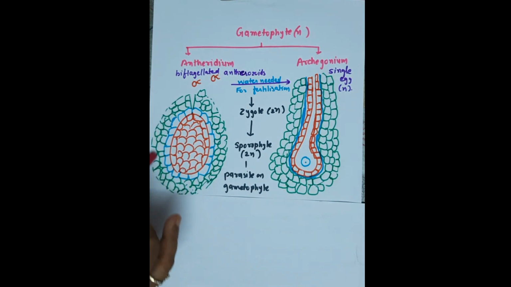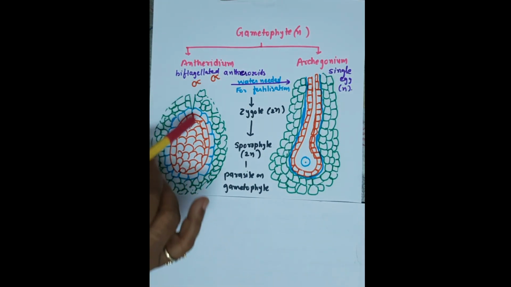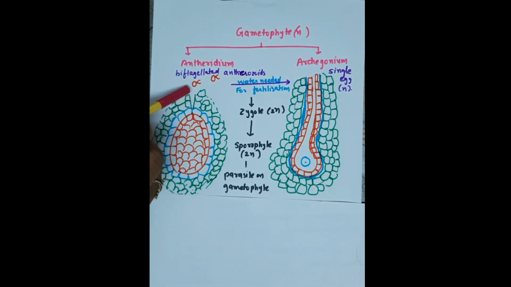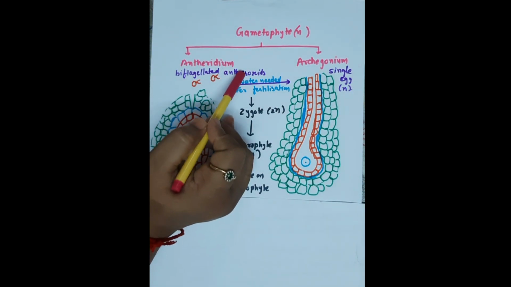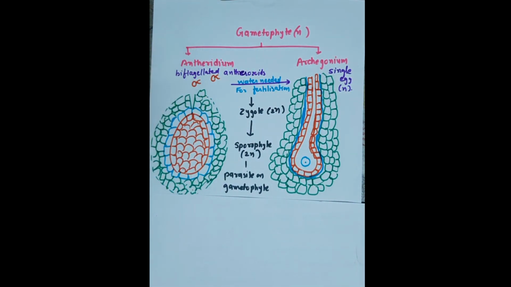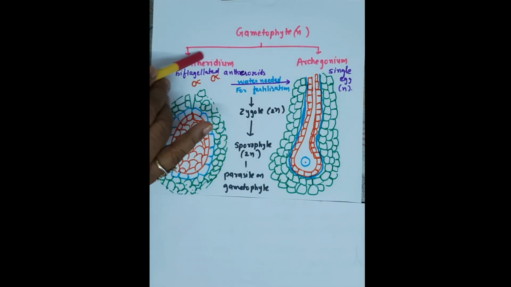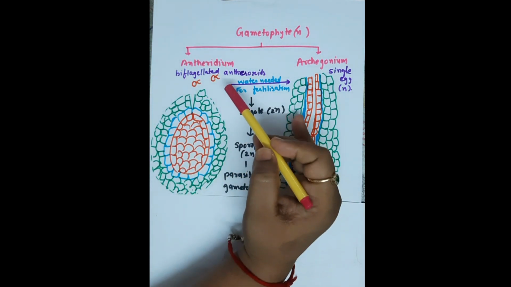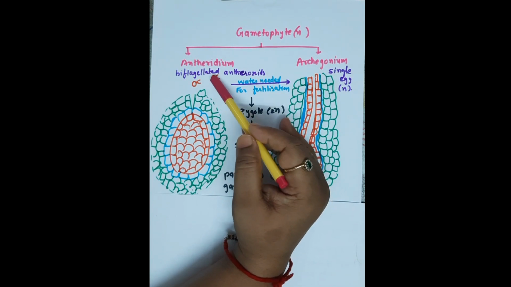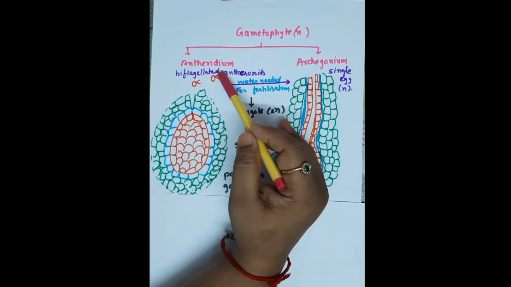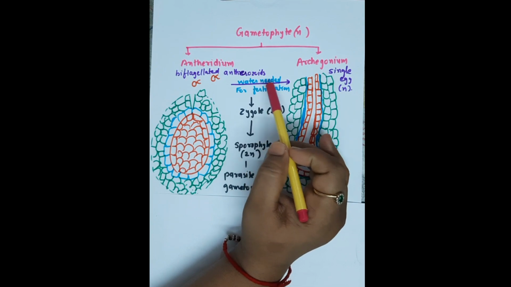So this is the antheridium, which releases biflagellated anthrozoids. Remember, anther means male: antheridium. Now these anthrozoids move with the help of water.